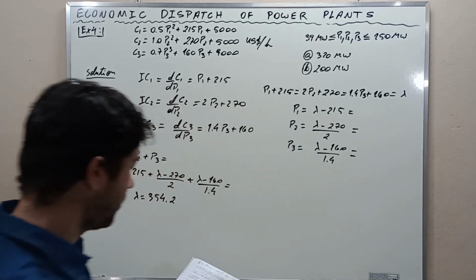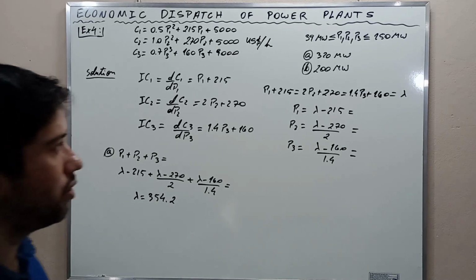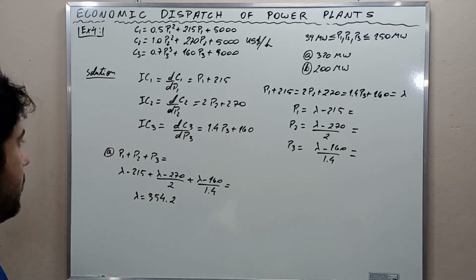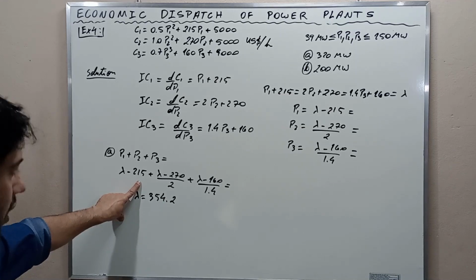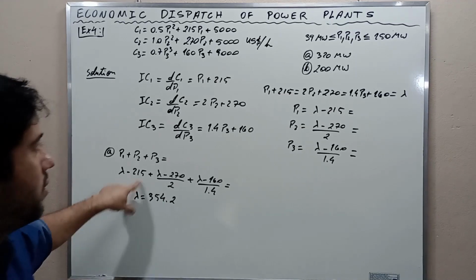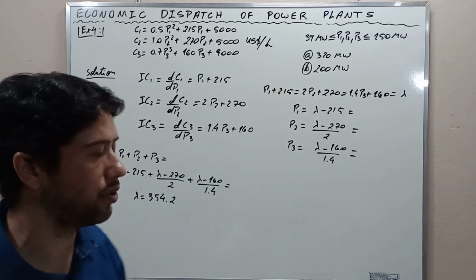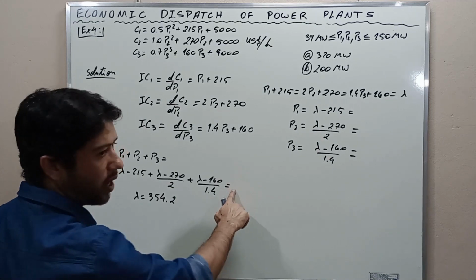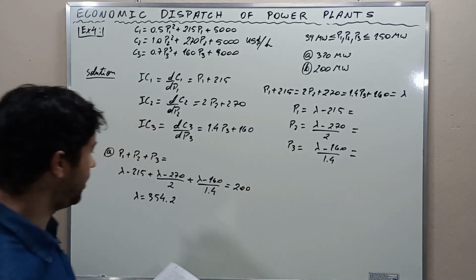All right. For the case letter B, for the case the load is 200 megawatts, we are going to have these expressions here as well, okay? But instead of equaling them to 320, we are going to equal them to 200 megawatts. So instead of writing here 320, we write here 200.